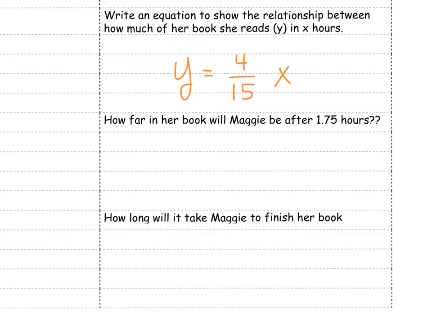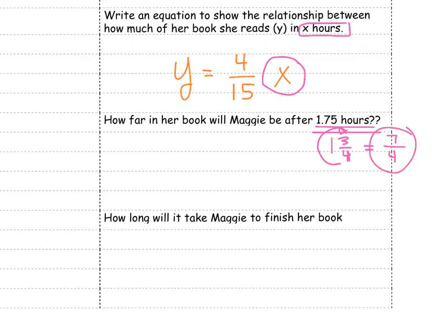I'm then able to use that equation to answer my next few questions. How far in her book will Maggie be after 1.75 hours? So remember up above it said X is hours. So everywhere I see the X, I'm going to put hours. Now we're dealing with fractions. We should probably have this as a fraction. 1.75 is 1 3/4. And I prefer improper fractions, so that's also the same as 7/4. So I'm going to take that fraction and plug it in for my X value.